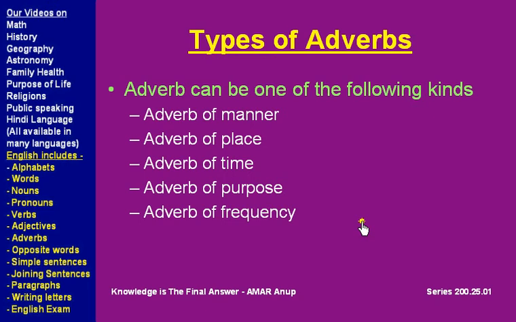Now there are at least 5 types of adverbs. The first one is adverb of manner. We will talk about adverb of manner in this chapter. Then there is adverb of place, adverb of time, adverb of purpose, and adverb of frequency. And then there are some more rare ones, but we won't go into that.